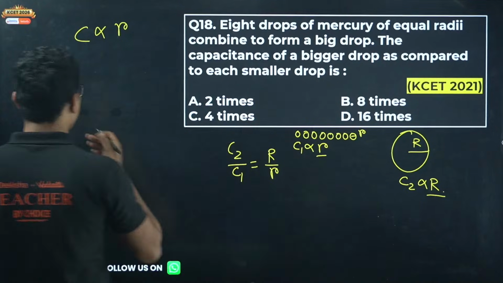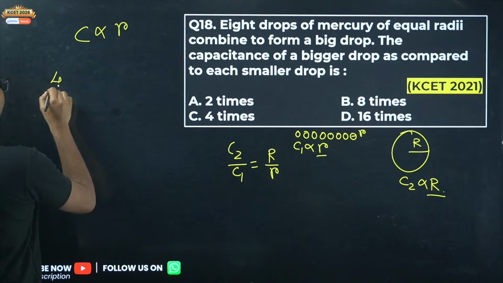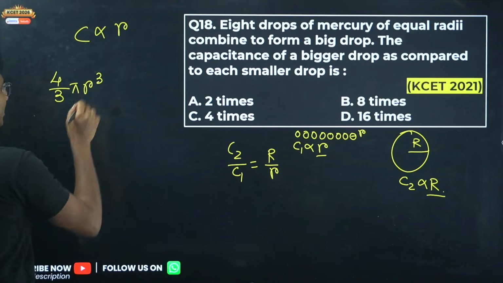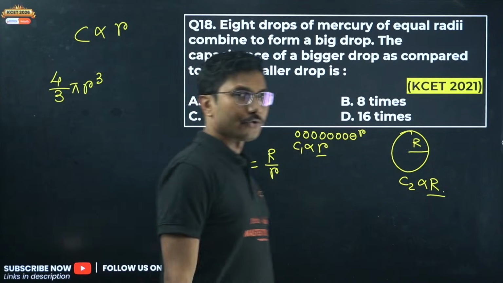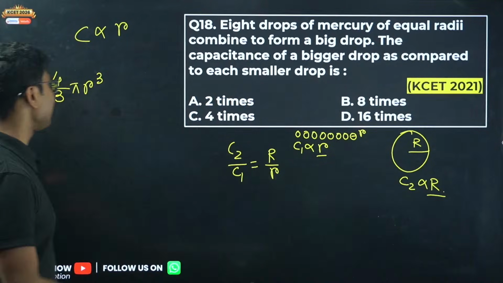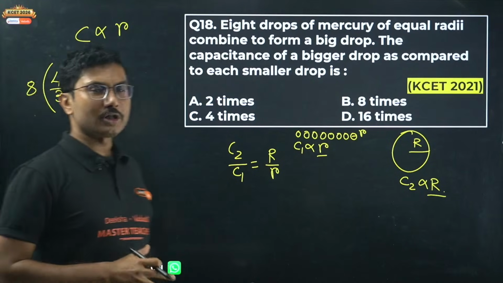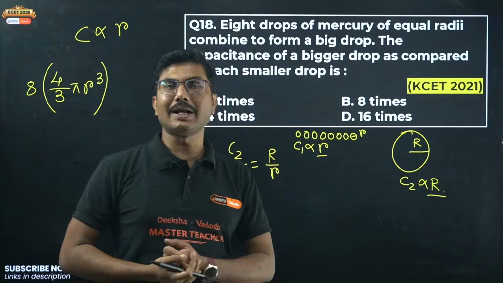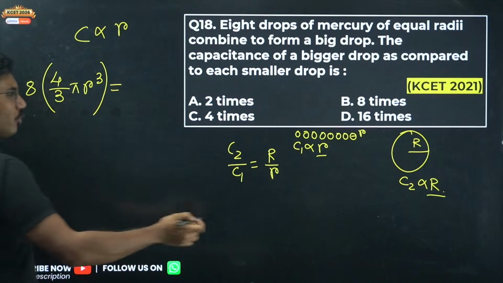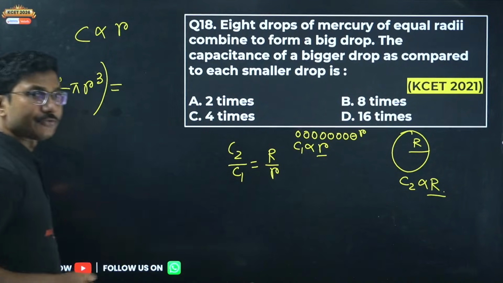What is the volume of a sphere? Volume of a sphere is 4/3 pi r cube. For a smaller sphere, volume is 4/3 pi small r cube. Now how many smaller spheres are there? Total 8. These small spheres are combining to form the larger sphere, right? That means the total volume of the larger sphere should equal the addition of each sphere's volume.